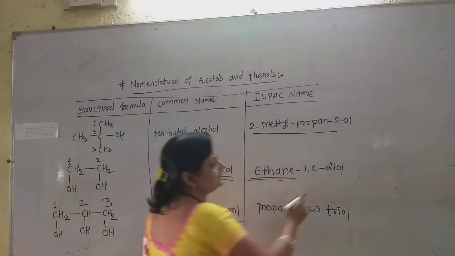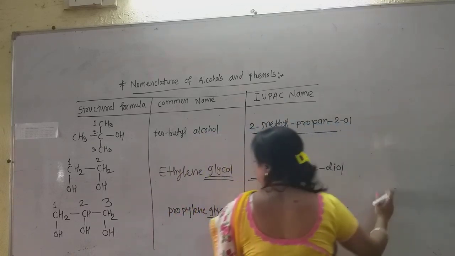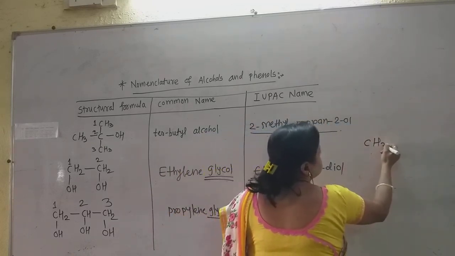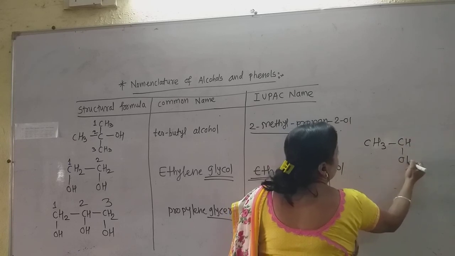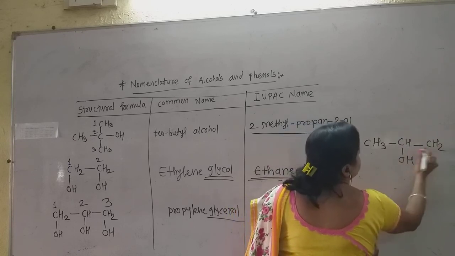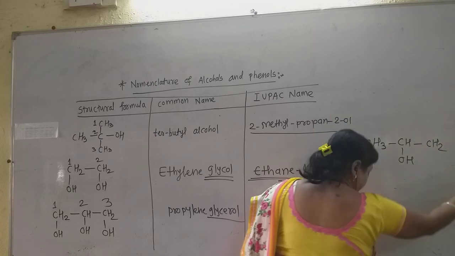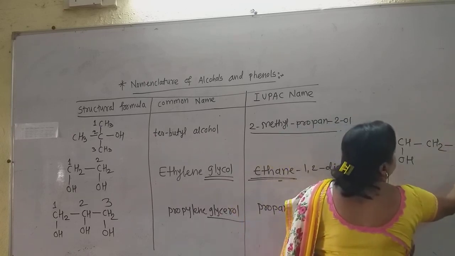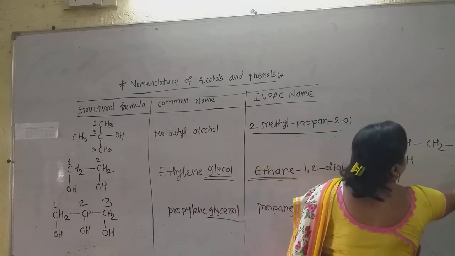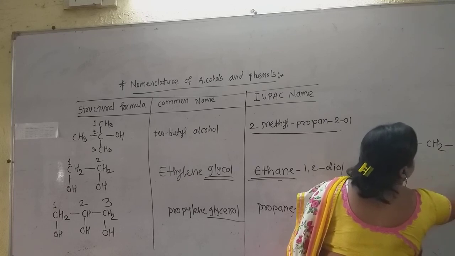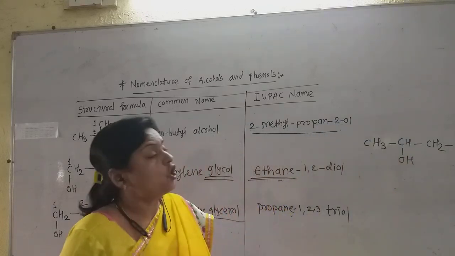For example, consider such a triol or such type of glycerol. CH3, CH, OH. Suppose here CH2 is there, and again there is CH, OH and CH2OH. Suppose this type of triol is there.